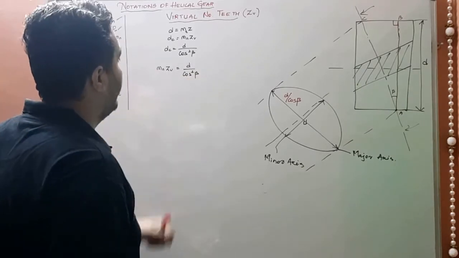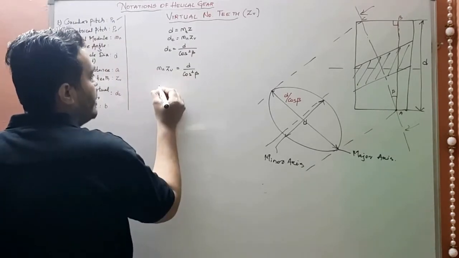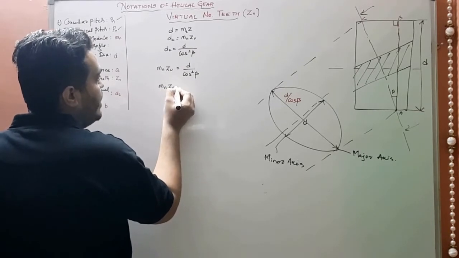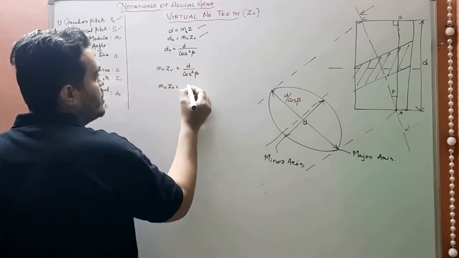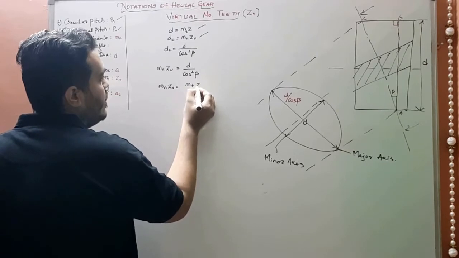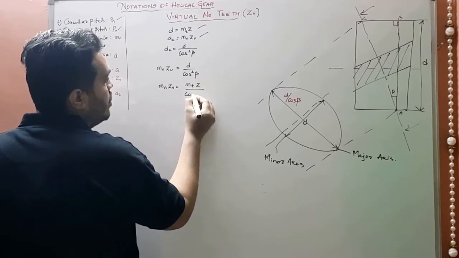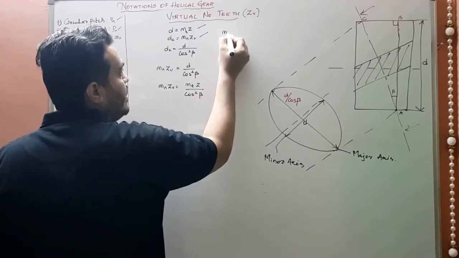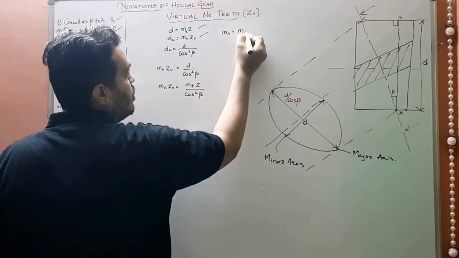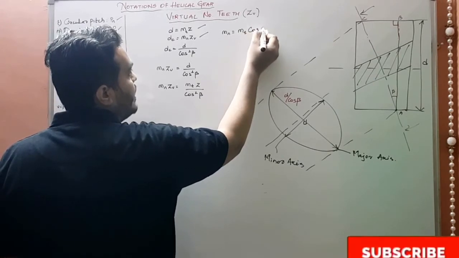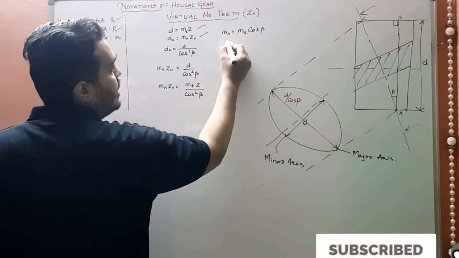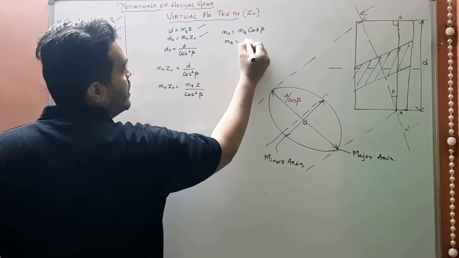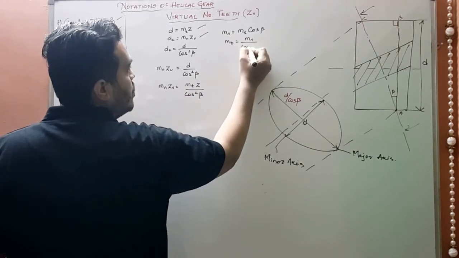We have Mn, so we have D. D is nothing but MT into Z divided by cos square beta. We have the equation for normal module: Mn is MT into cos beta. So what will we get? MT is nothing but Mn by cos beta.